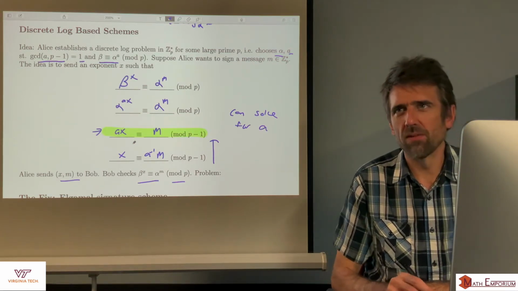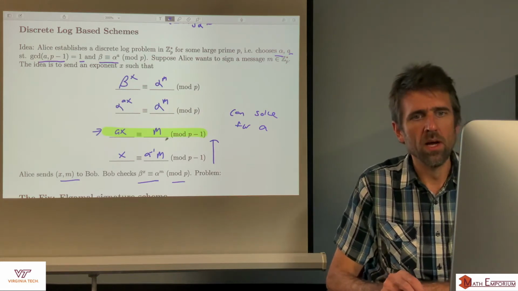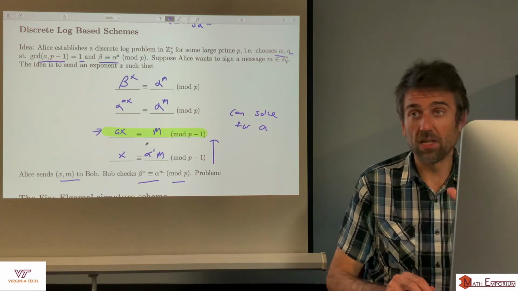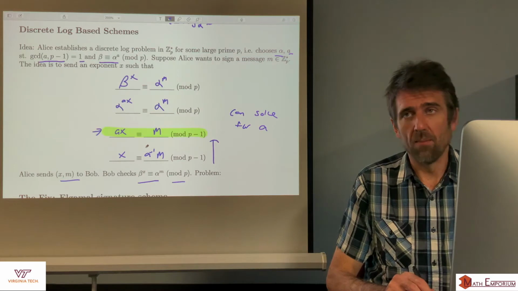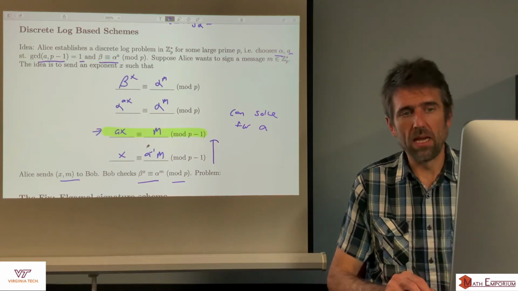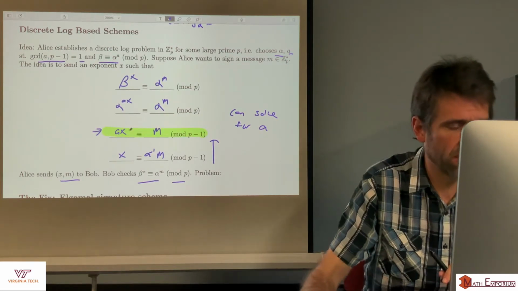Now, you may not be able to solve for a directly if x is not invertible mod p minus 1, but you at least narrow down the possibilities. So this congruence gives a bunch of information about a. Even by signing a single message, Alice is possibly allowing the system to be broken, and then it wouldn't be reusable, to be able to do more signatures securely.